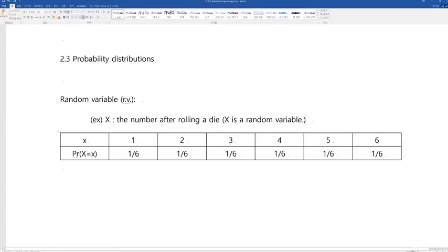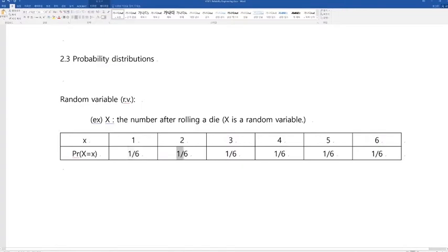And this capital X has 6 different outcomes. Not only one, in this case capital X may have 6 different outcomes. For each outcome, this is the probability that capital X becomes 1. That is 1 over 6.